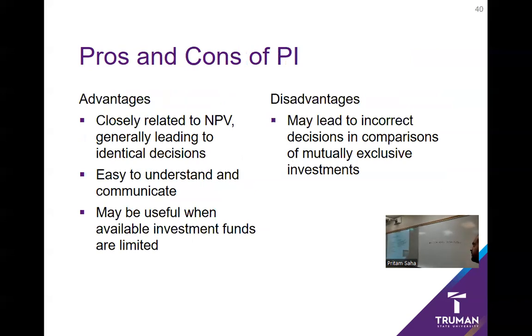So, advantages of PI. This is just a modified version of NPV, so we can trust it. Easy to understand. And one good thing of PI is that it gives you the results in terms of relative measures, right? For each $1 of investment, how much you are generating. But one major problem of PI is similar to IRR.